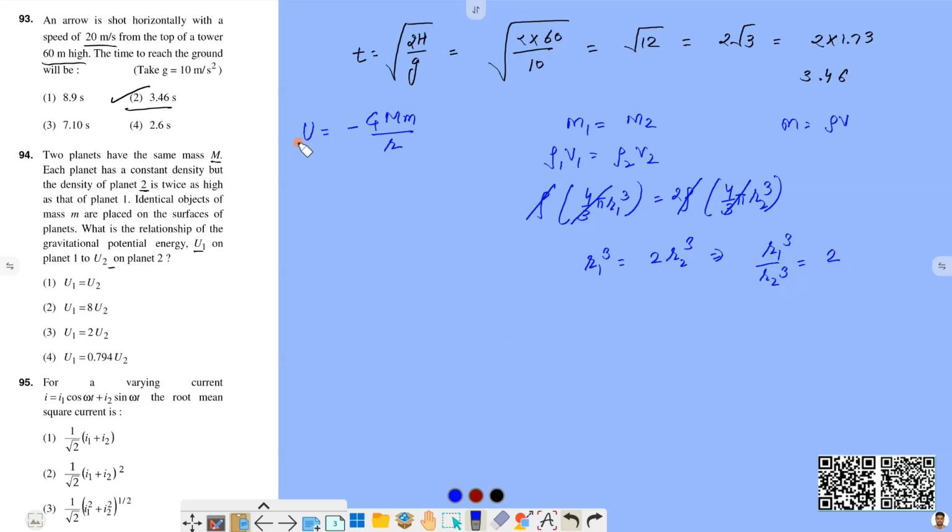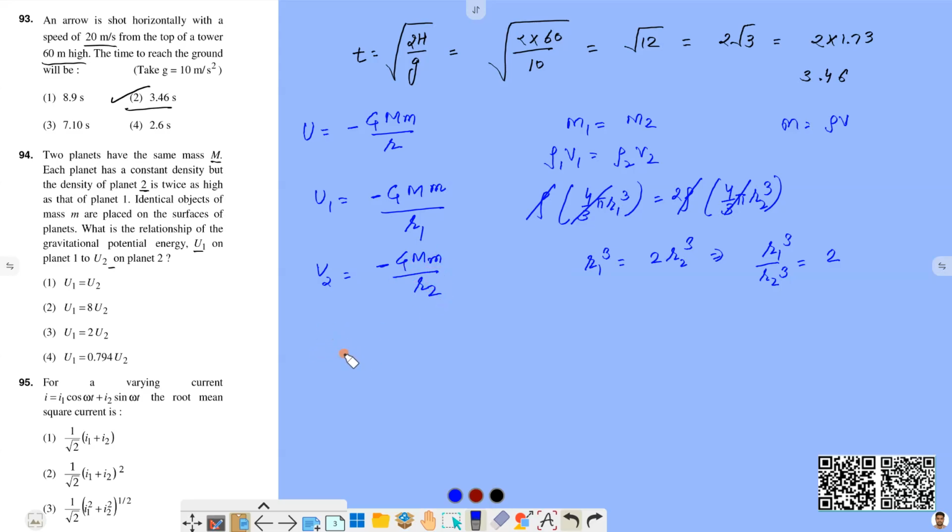Now if we write U1, then U1 will be minus G M, because capital M is the same, where small m is the mass of the body, and we are taking the same body on both of the planets. So small m will also stay the same, divided by R1, and U2 will be minus G capital M small m divided by R2.